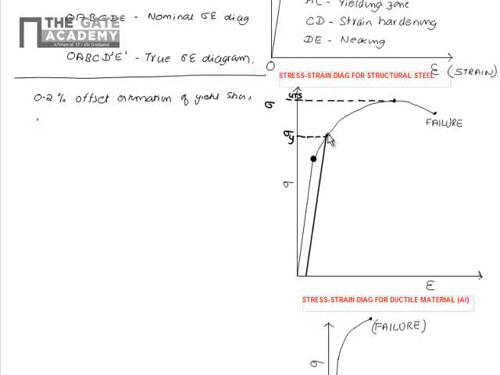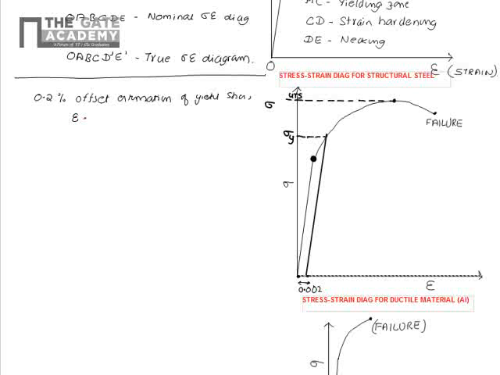What is exactly done is we mark a point here, and this distance is nothing but 0.2% strain, that is 0.002.